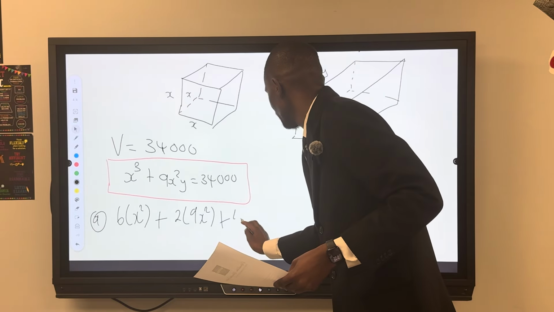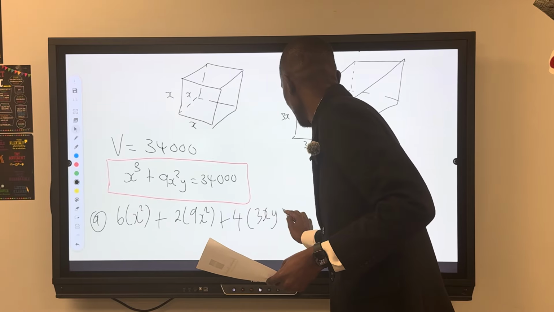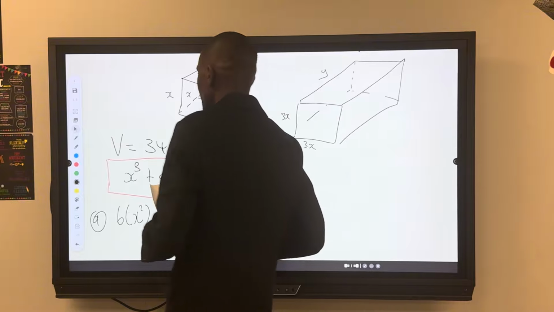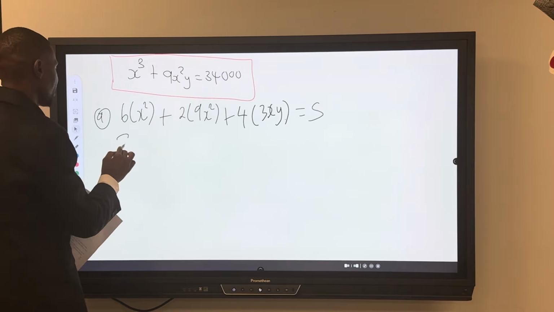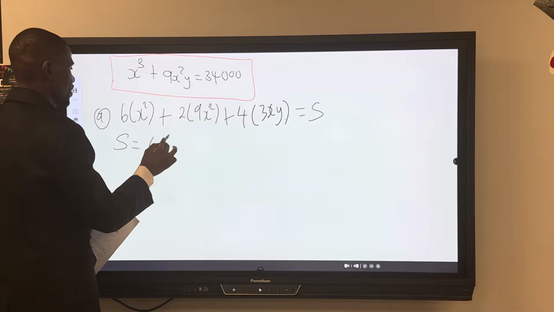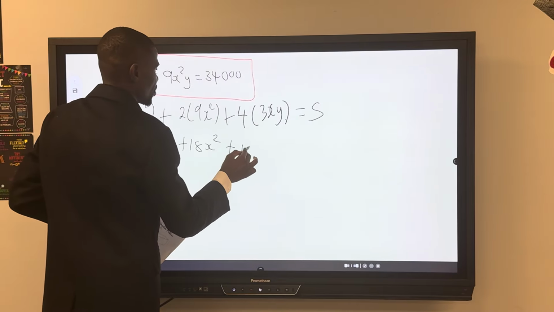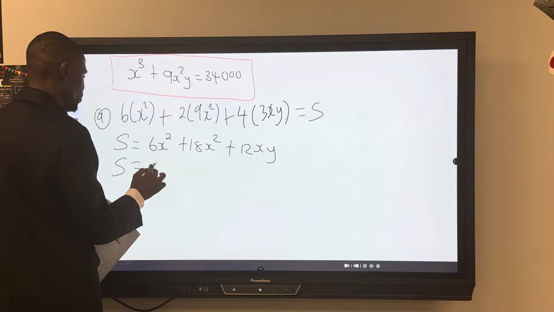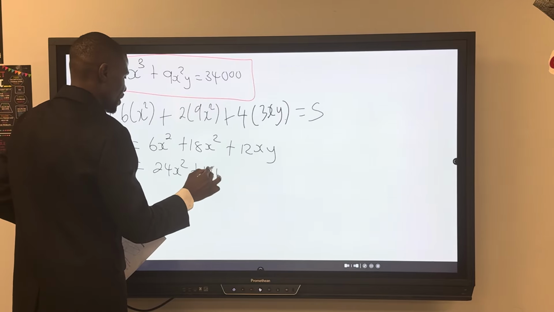That plus 4 times 3xy. This is our total surface area. So S is going to be 6x squared plus 18x squared plus 12xy. So S is equal to 24x squared plus 12xy.